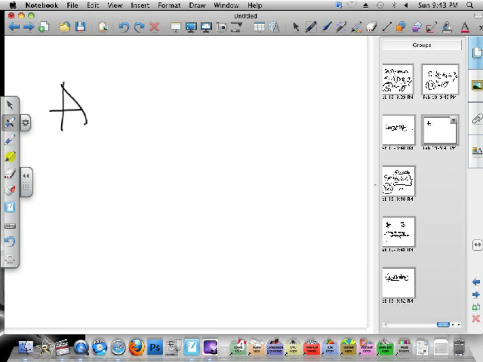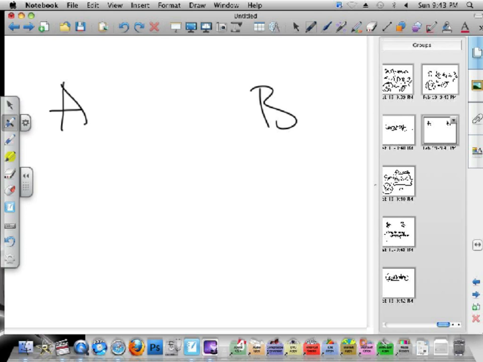Now let's look at sets A and B. The two sets have the same cardinality if and only if there exists a one-to-one correspondence between A and B. And this means that there exists a function between A and B that is both one-to-one and onto.